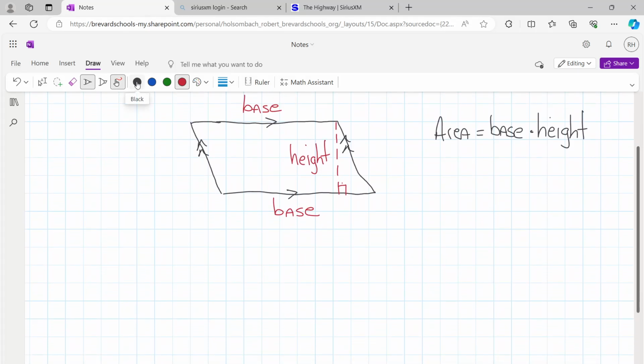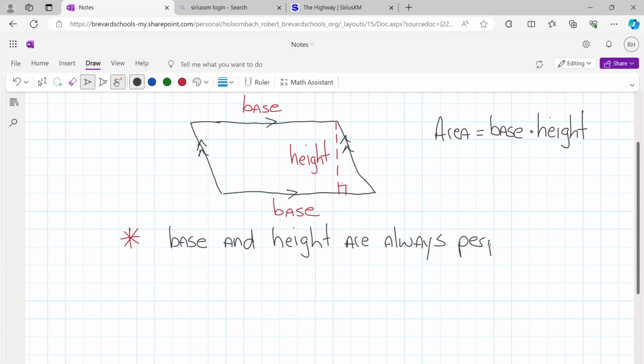And in all of geometry, it's super important that you always use a base and a height that are always perpendicular. The base and the height of a shape are always perpendicular to each other.